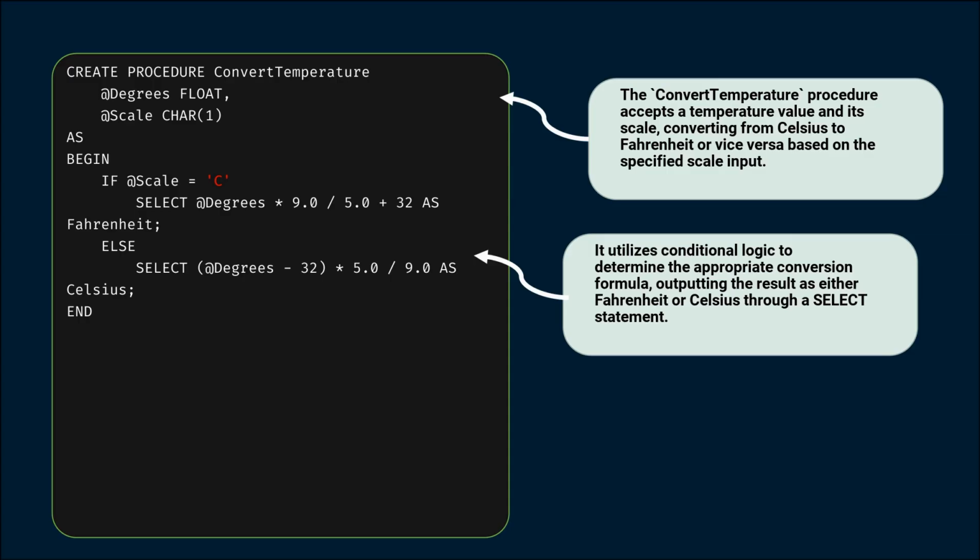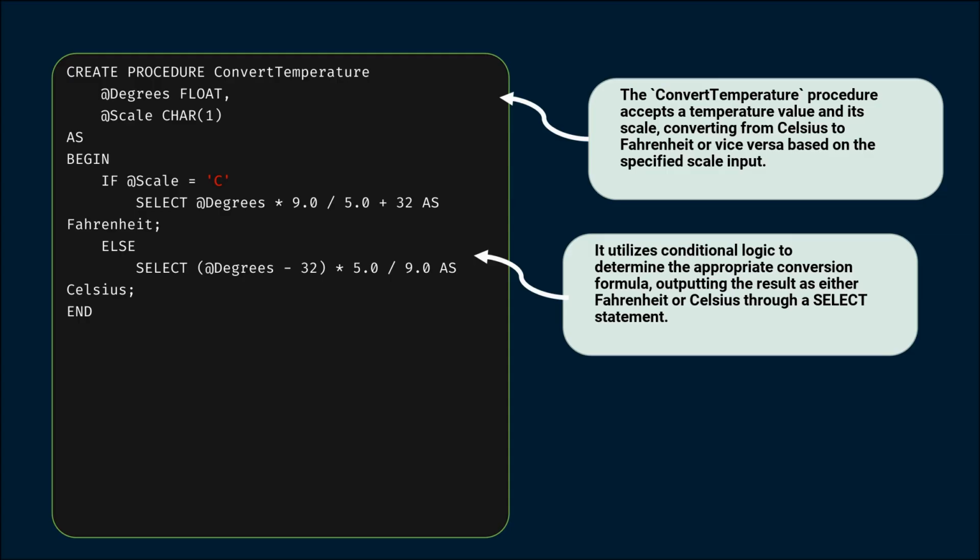If it is C, the procedure calculates the equivalent Fahrenheit value using this formula, @degrees * 9/5 + 32. That converts the input Celsius temperature to Fahrenheit. Conversely, if the scale isn't C, it assumes the input is in Fahrenheit and converts it to Celsius using the formula (@degrees - 32) * 5/9.